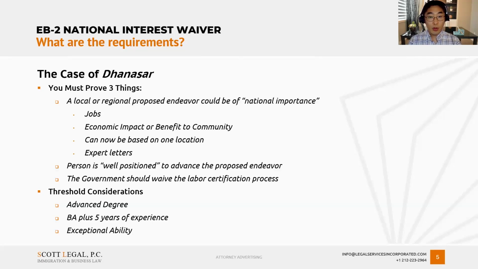An example of meeting the threshold eligibility by exceptional ability would be, let's say, a famous photographer who only has a high school diploma, but he has worked as a professional photographer for more than 10 years.